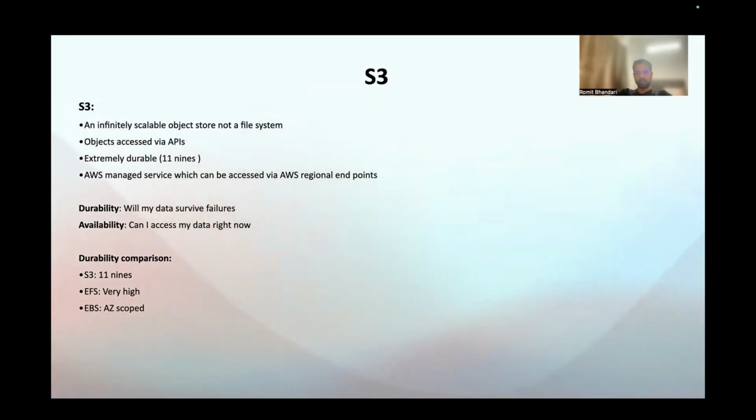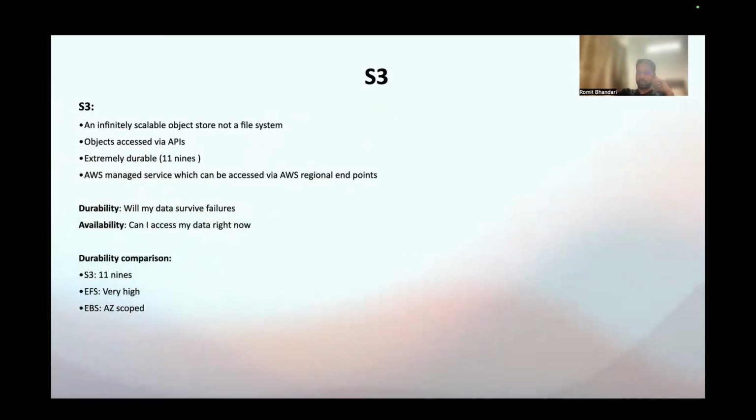It's an infinitely scalable object store, not a file system. It's an object store, and objects can be accessed via APIs. Extremely durable, 11 nines. As we mentioned, it can be accessed via APIs, which means AWS regional endpoints. It's an AWS managed service.